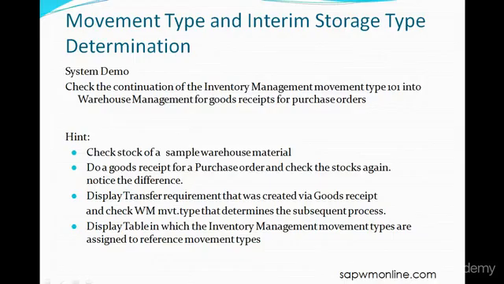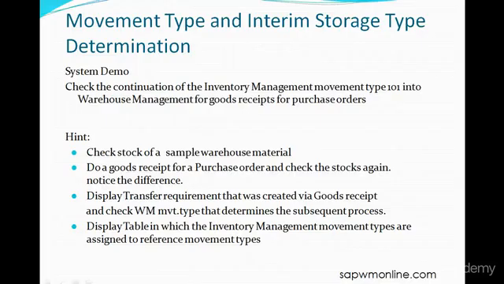Let us once again have a look at these details in the SAP system. We will do a simple goods receipt for a purchase order. We will display the transfer requirement that was created for a goods receipt, and then check the WM movement type that determines the subsequent process.